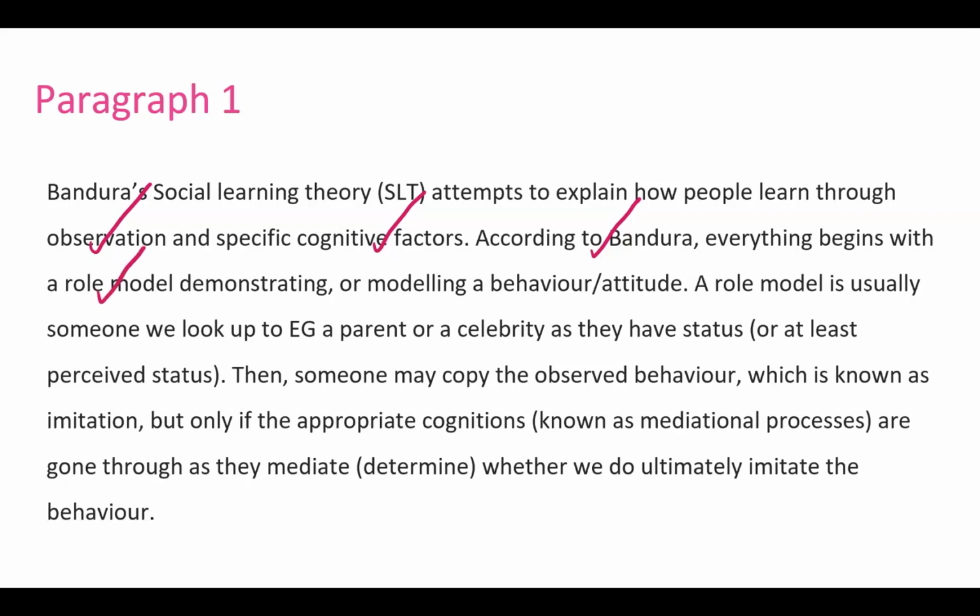They've then got role models and explained what that is with an example, which is a very good way of demonstrating your understanding. They've then explained what imitation is and introduced the idea of mediational processes generally, and made it clear that they know that they are cognitive internal processes.